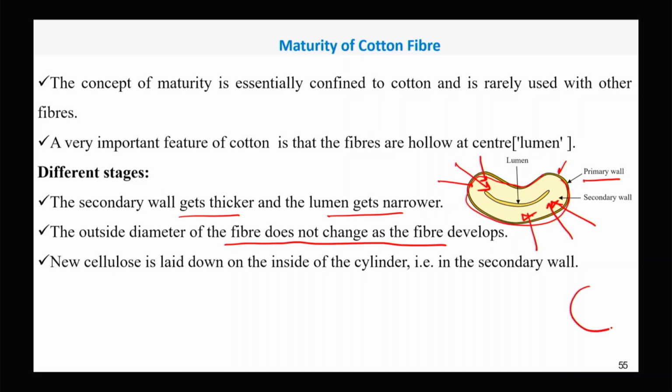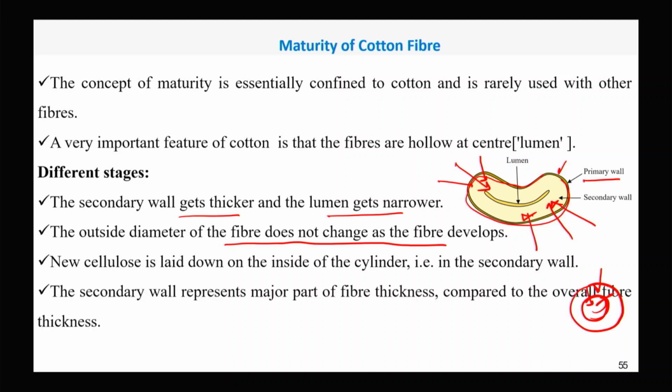Initially the fibers are circular, and there is a lumen, which is the hollow part, and the secondary wall gets thicker and thicker. This is called the developing stage.